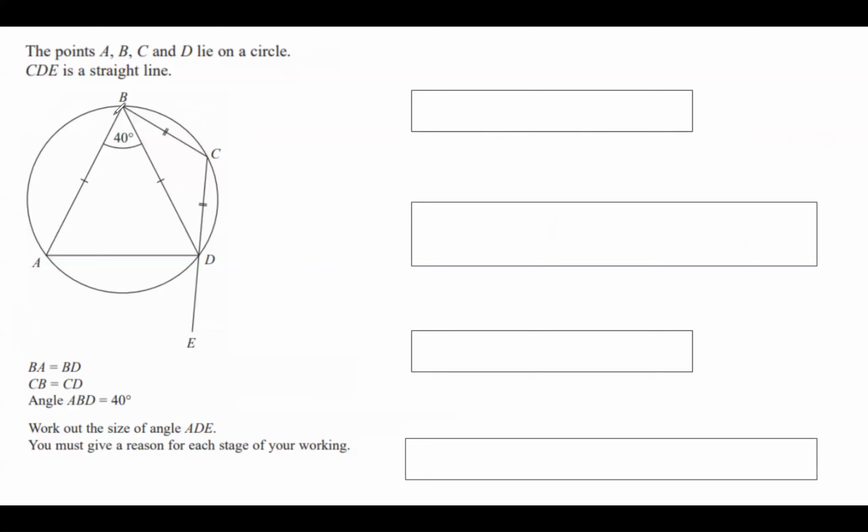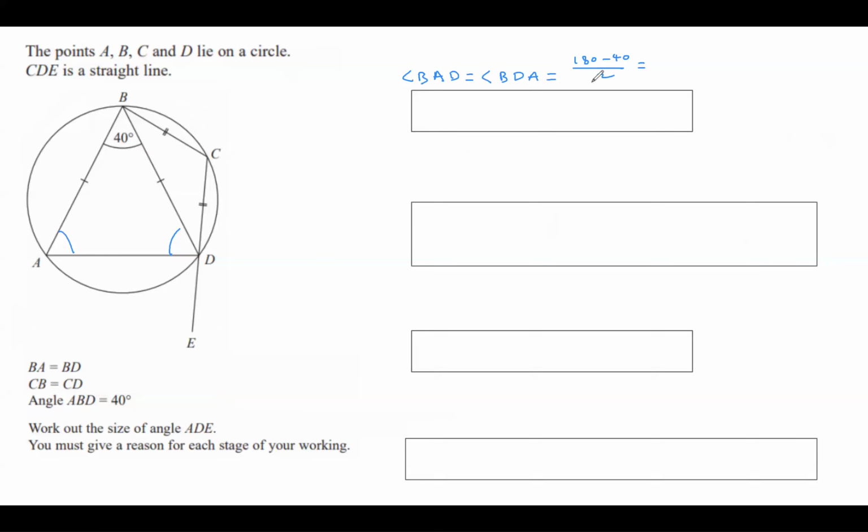So what we have here is an isosceles triangle because we know this length and this length are the same. So we can go ahead and work out these two angles over here. So again, I'm going to say angle BAD is equal to BDA, and they are going to be equal to 180 minus 40 divided by 2.